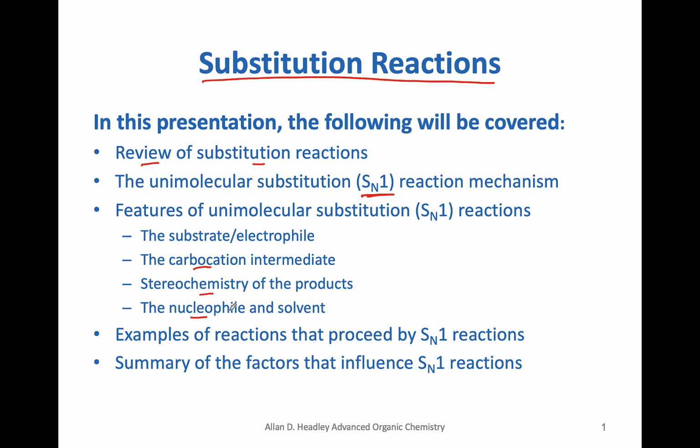We'll discover it is also the solvent for the SN1 reactions. Next, we'll look at some examples using SN1 reactions, the application of SN1 mechanisms to substitution reactions, and lastly, we'll do a summary of SN1 reactions.